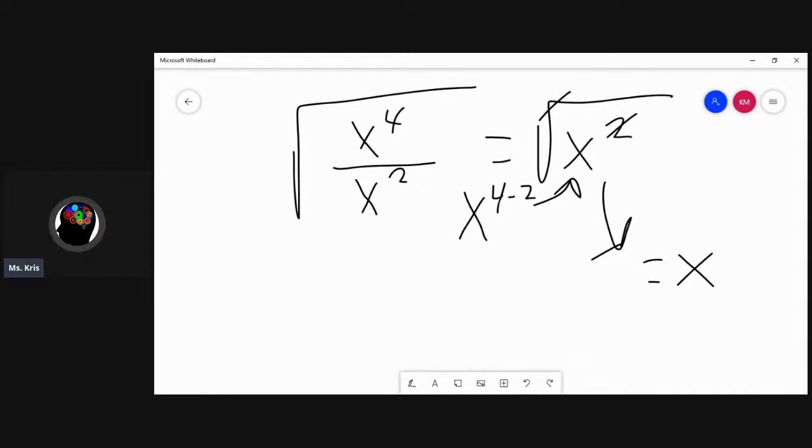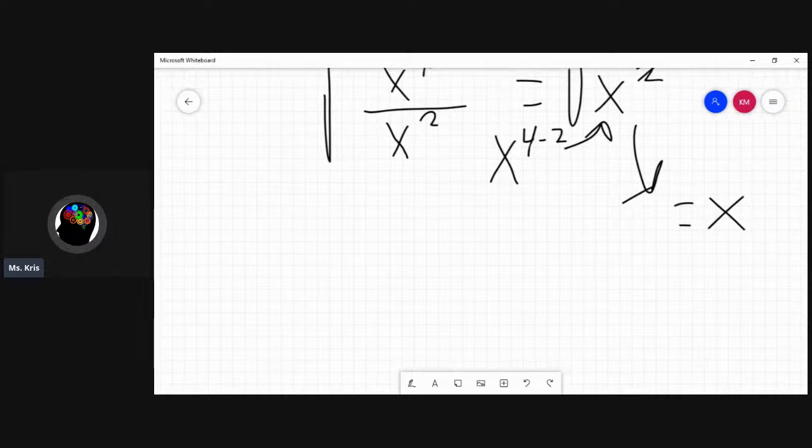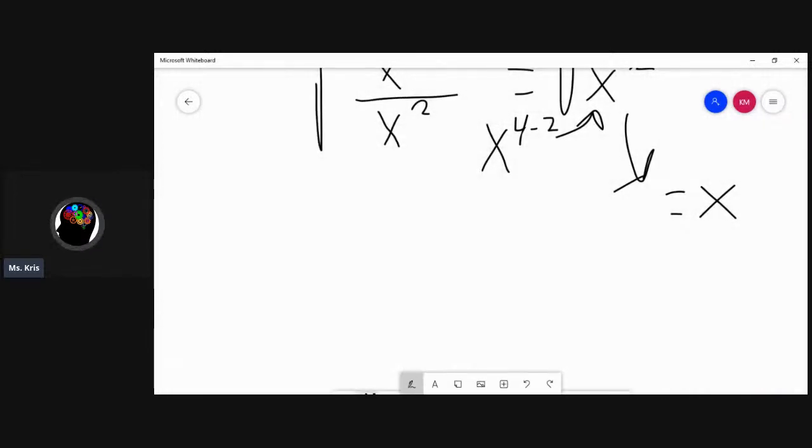Now, what if I have 2 different variables? Well, just like 2 different numbers, if it can be evenly divided based off the root, it can be pulled out.